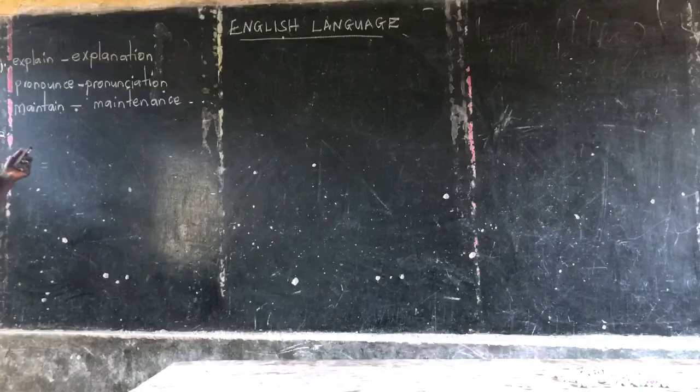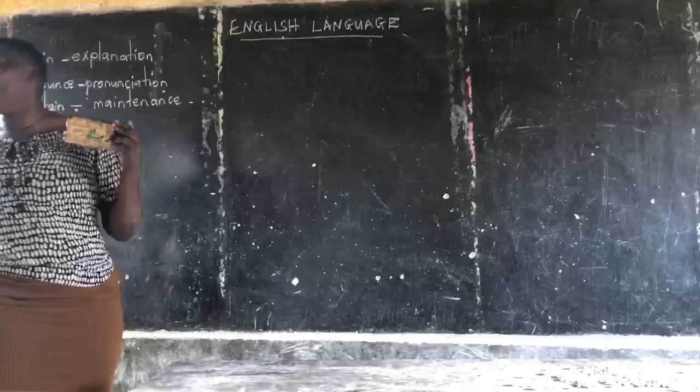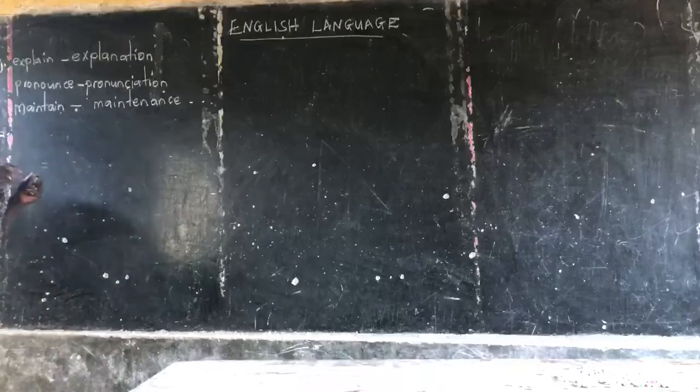Number 2. Ameria has never dash a lion. In brackets you have see. So when you look at our sentence, we told you we have some guiding words. When you look at number 2, the guiding word is has.